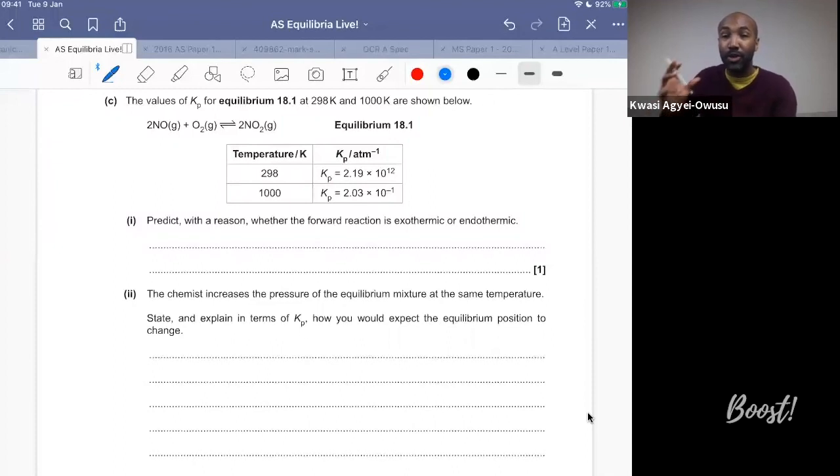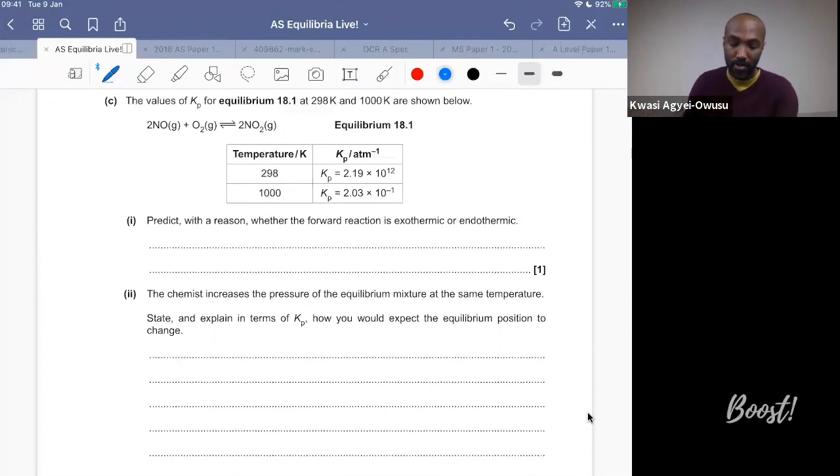Of course, temperature will change the numerical value of the equilibrium constant, unlike other conditions. At low temperature, you've got a very high Kp, so lots of products versus reactants. At higher temperature, you've got a very low Kp, so more reactants than products. So increasing the temperature causes a shift of equilibrium to the left. Decreasing the temperature pushes the equilibrium to the right.